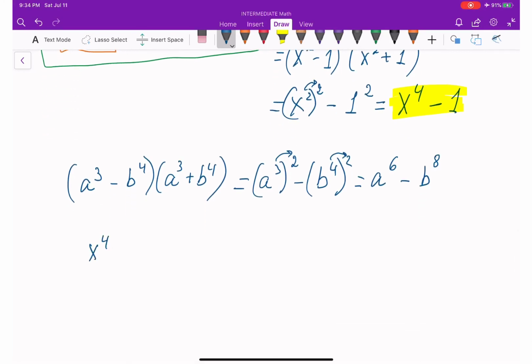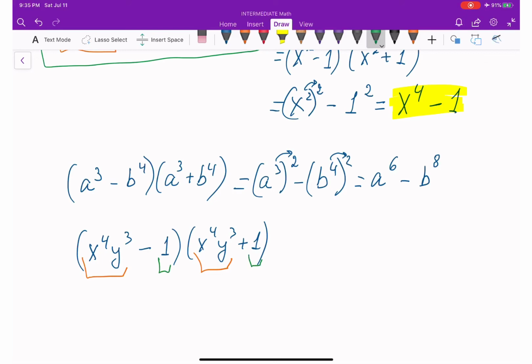And the last one, x to 4, y to power 3 minus 1, x to 4, y to power 3 plus 1. See, again, we can apply the formula a squared minus b squared, because we have the same term here, the same term here, and also here we have the same term. In one parenthesis it's subtraction, in one parenthesis addition. So it's going to be x to 4, y to power 3 squared, and minus 1 to power 2, which is going to be 1.